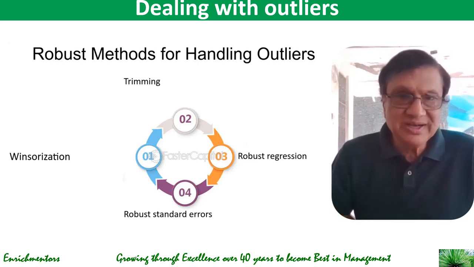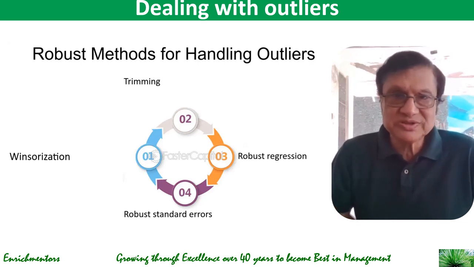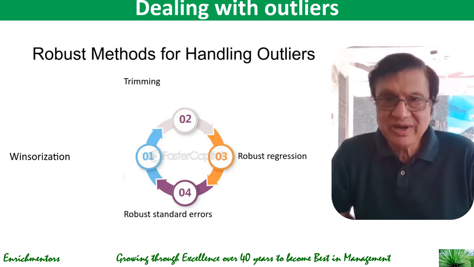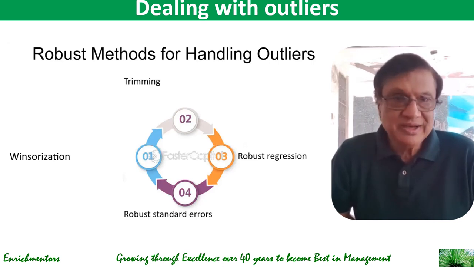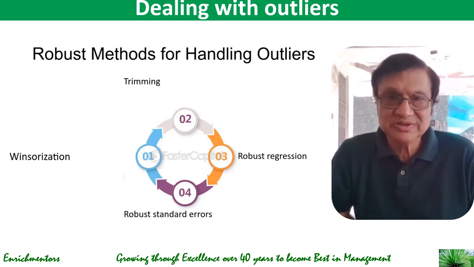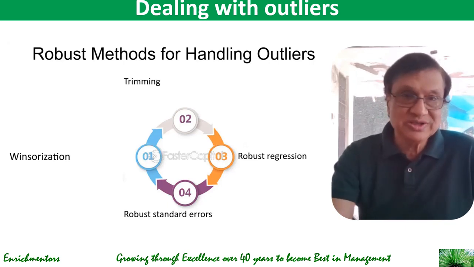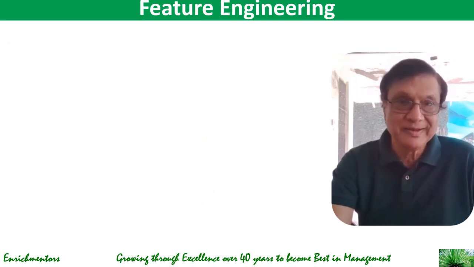Similarly, trimming is a technique that removes a fixed percentage of data points, so removing the data points themselves versus winsorization, from the tails of the distribution. For example, trimming 5% from both tails of the distribution means removing the 5% highest and 5% lowest data, reducing the effect of outliers on estimation of parameters and calculations. So trimming is removing the data, whereas winsorization is converting it into closer, more normal data.